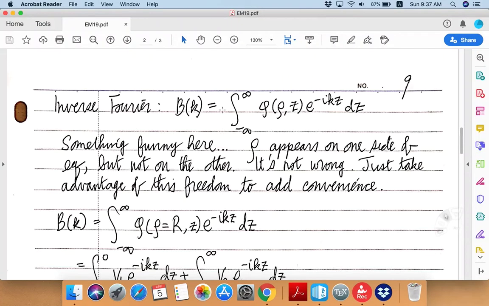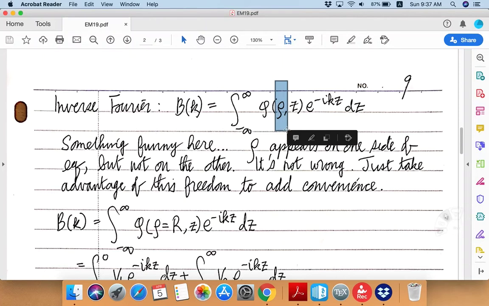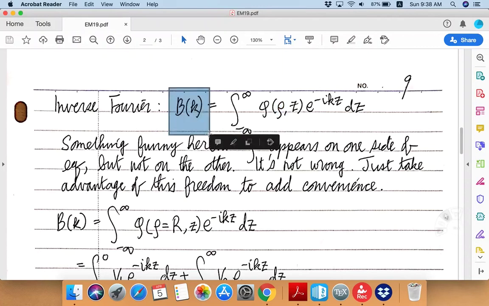But I think what really is happening is that this result is independent of where you evaluate this Fourier integral. You can choose rho equal to 0, or you can choose rho equal to r, the radius of the cylinder. You can choose rho to be any value you want, and still you will find exactly the same answer once you perform the Fourier integral.